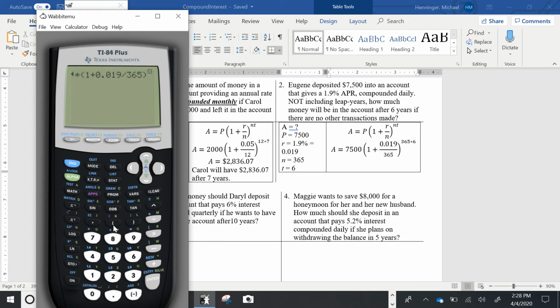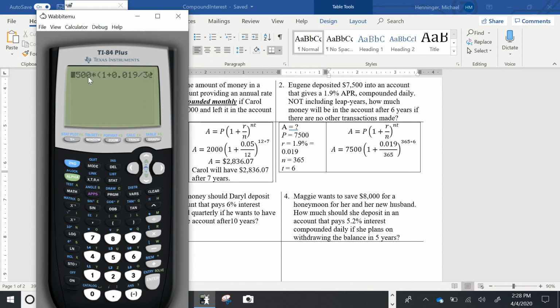If yours doesn't do that, if yours just shows that caret symbol, make sure you start those parentheses and do 365 times 6 years, close those parentheses. Now, it's really important, guys, before you just press equals and trust whatever answer you get, because you're going to get some really big decimal answers on these. Go back and check and make sure you typed everything correctly.